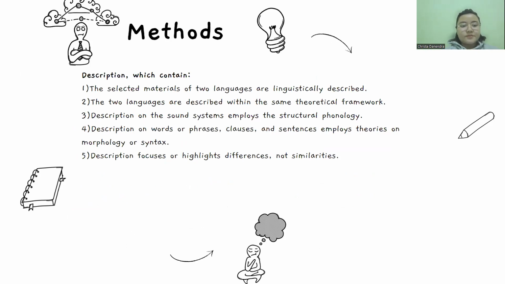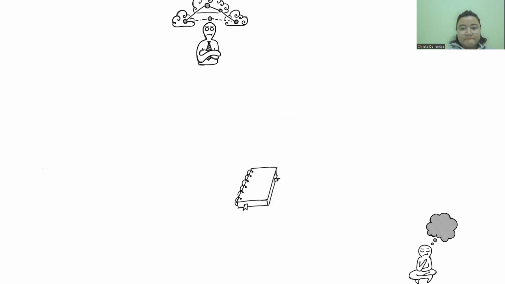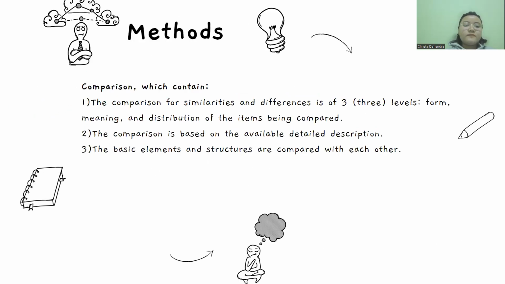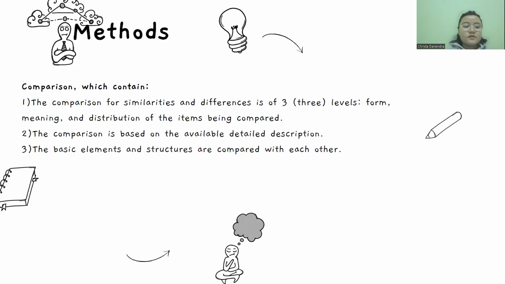Okay, so for description, it contains the selected materials of two languages that are linguistically described, and the two languages are described within the same theoretical framework, etc. For the comparison, it contains the comparison of similarities and differences on three levels: form, meaning, and distribution of the items being compared itself and other cells.